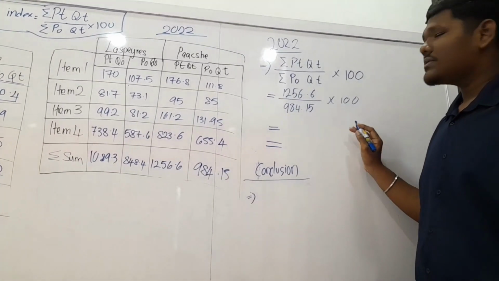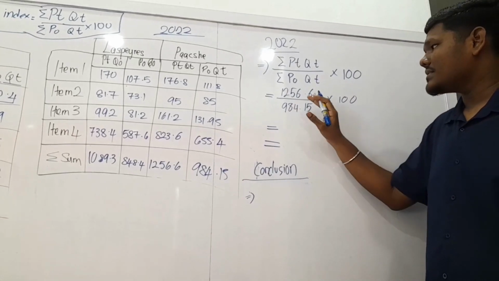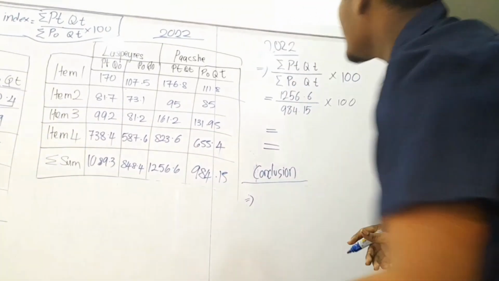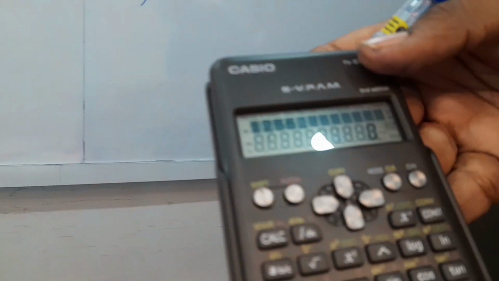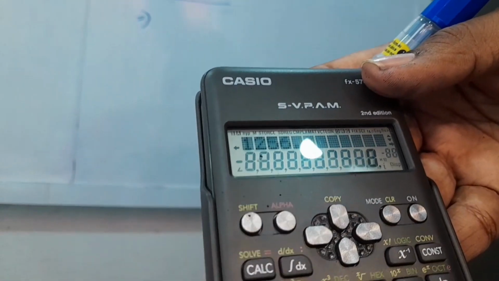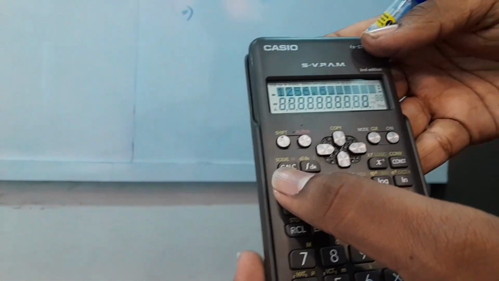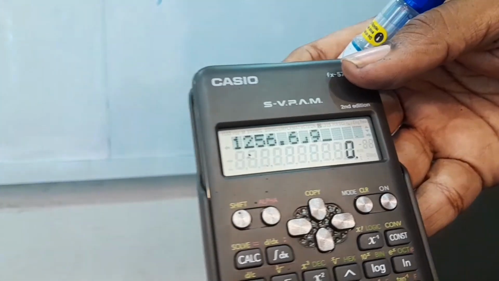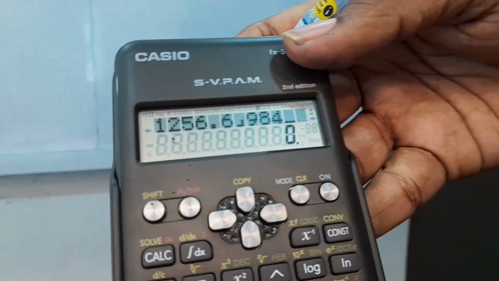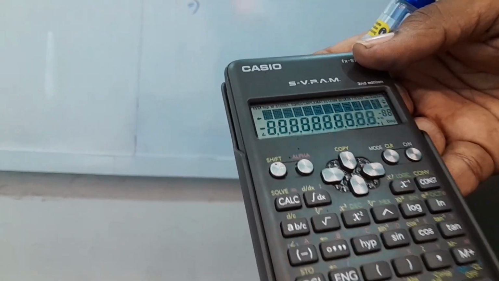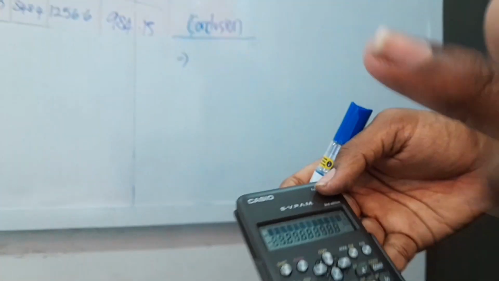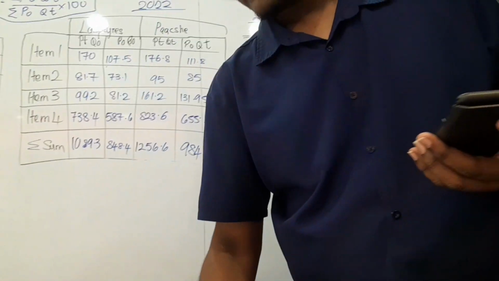Now, as usual, don't look at this. Do this calculation first. Let's do it. 1256.6 over 984.15. Just take the 3 decimal number as usual.